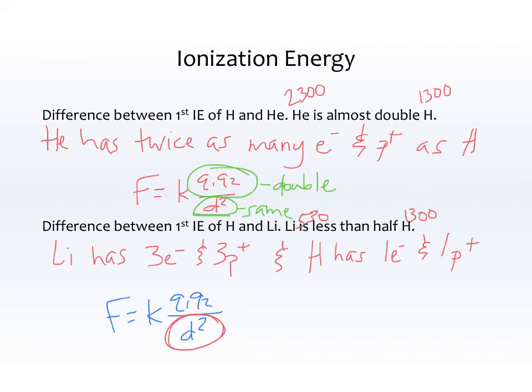So maybe this means, in Bohr's shell model, that the outermost electron in lithium is actually in a further energy level. So maybe this is hydrogen and helium, and possibly lithium is an even further energy level, so it requires less energy to remove because of the shielding effect.